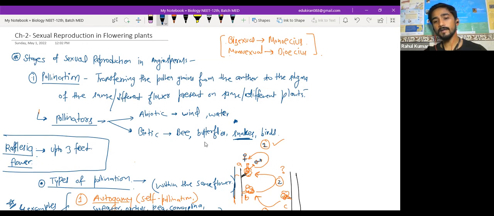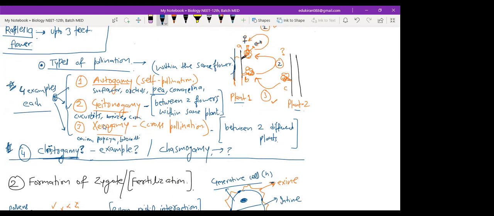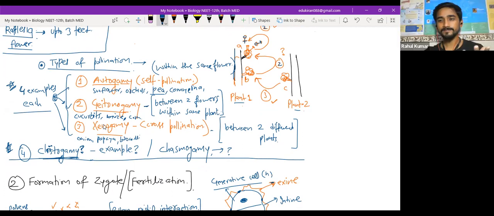So now what is allowed and what is not? Geitonogamy is allowed? Yes. Xenogamy is allowed? Cross-pollination? Yes, it can still happen. Xenogamy is always allowed. Autogamy is allowed? No.